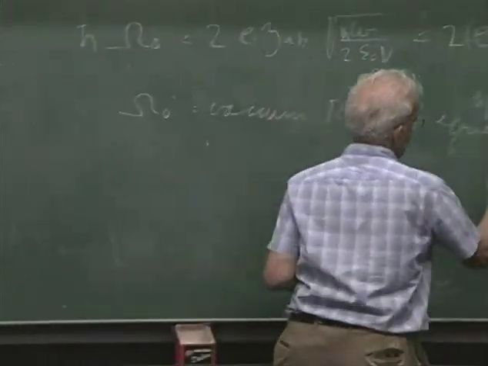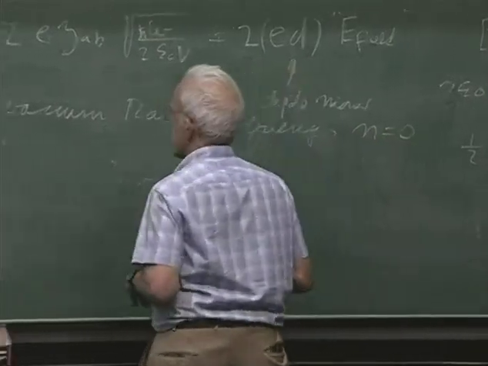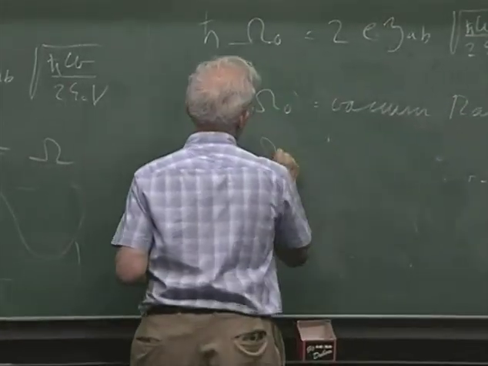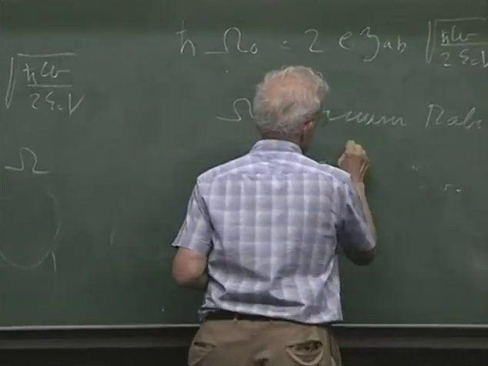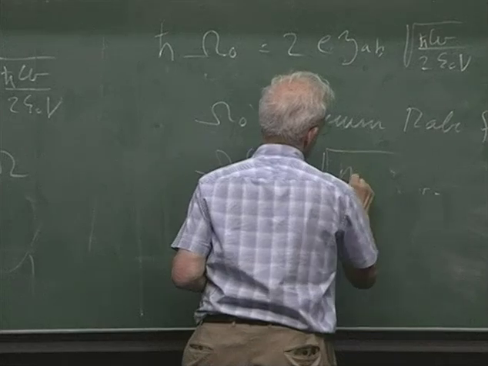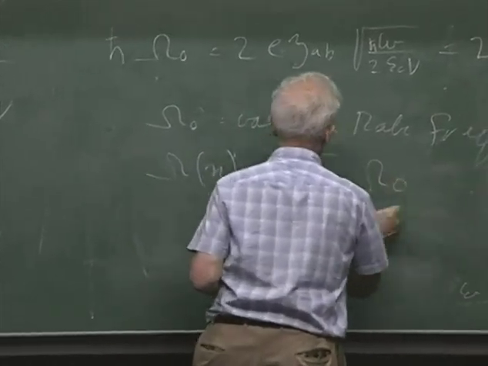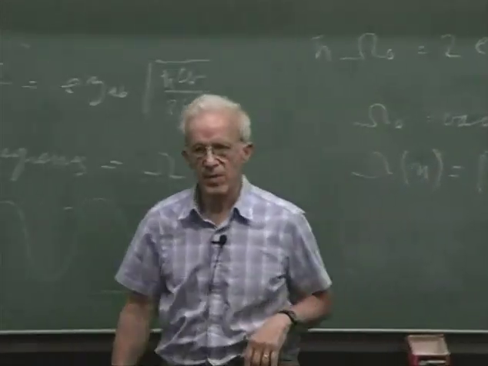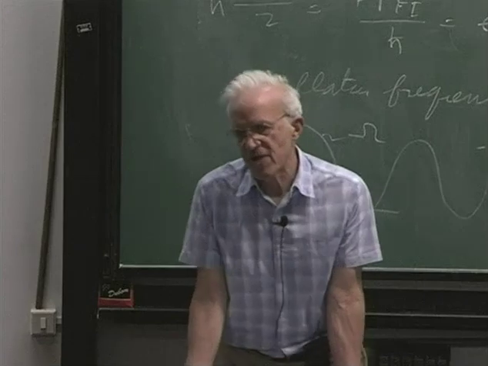And that's what you get if you put an atom into a cavity with n equals 0. But if you put an atom into a cavity with n photons in it, the frequency is going to be the square root of n plus 1 times omega naught. This gives you an opportunity to actually measure the number of photons in a cavity.